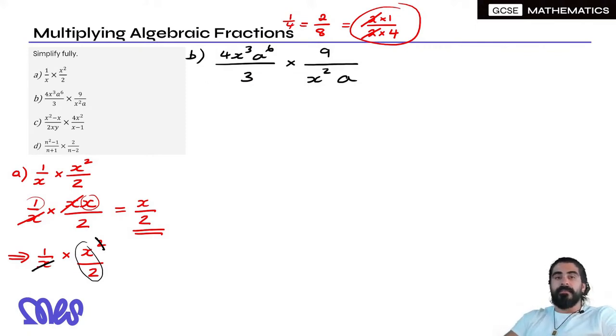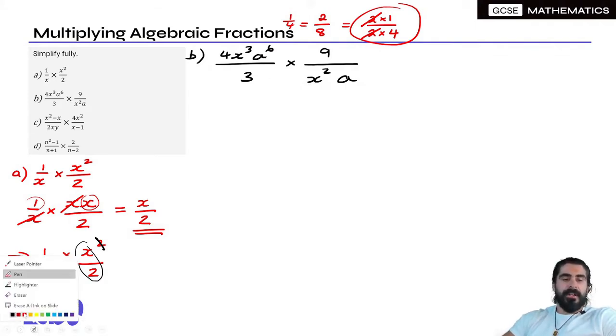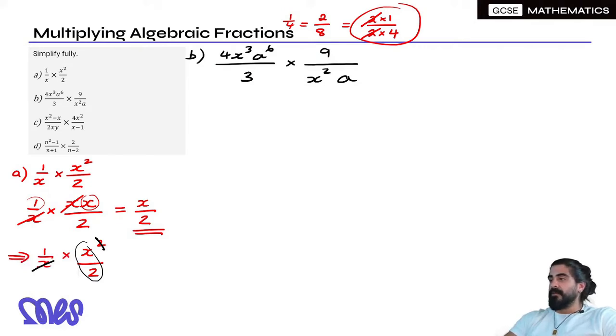On the top we have the 4x cubed and the a to the power of 6, and the 9. Then on the denominators we have 3 and x squared a. So we're saying, okay, what on the top can cancel with things on the bottom? Well, we might see straight away that there is the 3 and the 9. So what number goes into both 3 and 9? Well, we would all choose 3, right? 3 divides into 3 once, and 3 goes into 9 3 times.